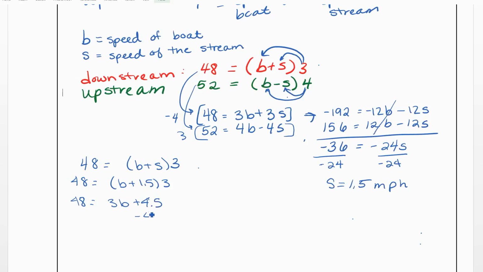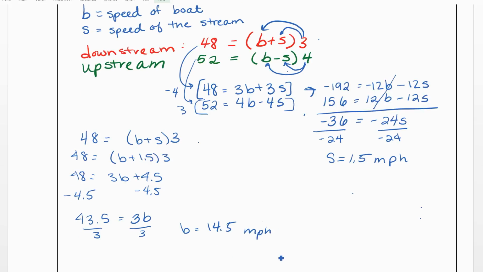We'll subtract 4.5 from both sides. So 43.5 equals 3b. And divide both sides by 3. We get that the speed of the boat is 14.5 miles per hour.